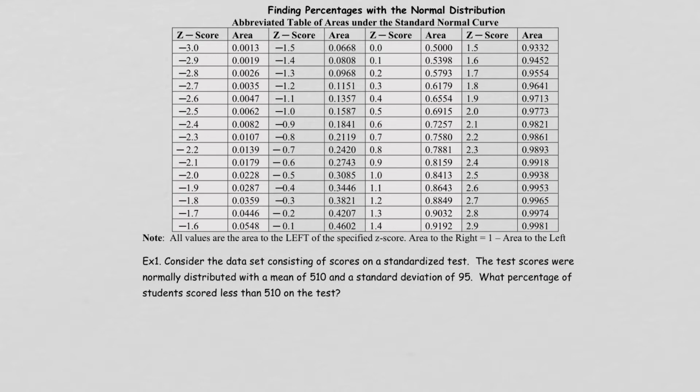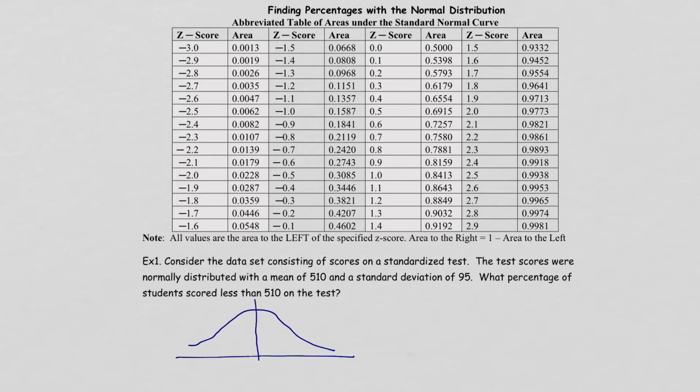The first example I have is trying to make sure we understand the normal distribution curve. The test score was normally distributed with a mean of 500 and a standard deviation of 95. What percentage of students scored less than 510 on the test? Make sure this is the information we went over in the first session of normal distributions.